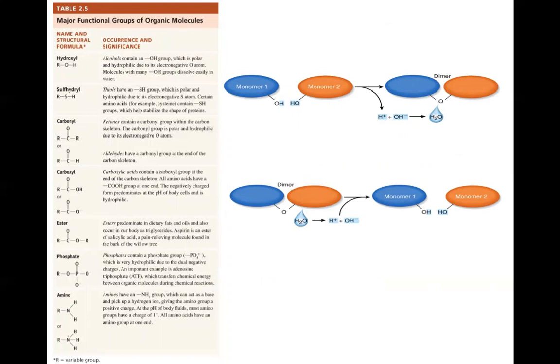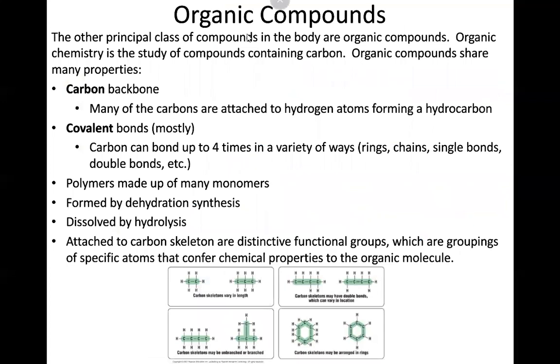Performing what's called dehydration synthesis is how we build these brick houses together. Take 1 and another, 2 bricks, makes a dimer. That's what we do to build them up. We can actually break them down by that hydrolysis reaction we talked about last time, like was shown in the second figure. So they're formed by dehydration synthesis and dissolved by hydrolysis, both of which we talked about last time.